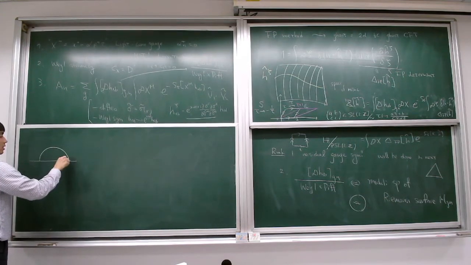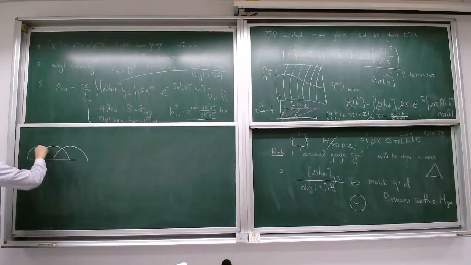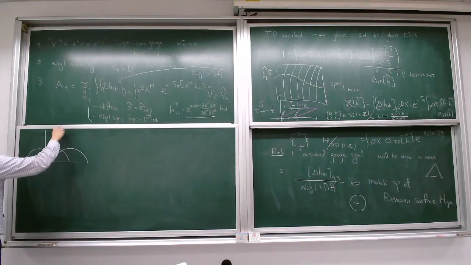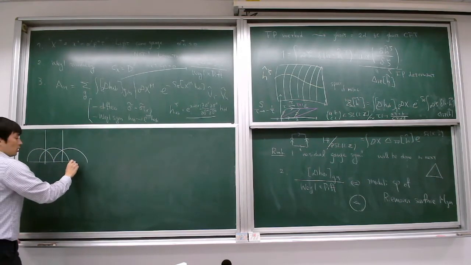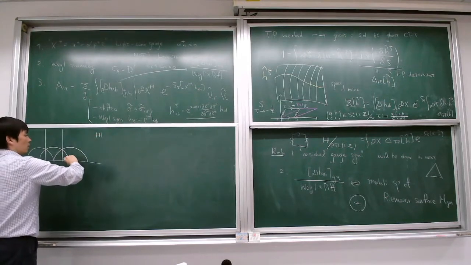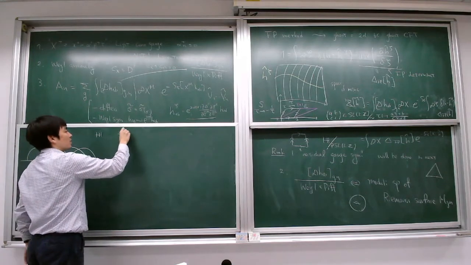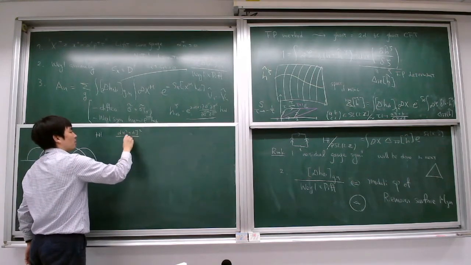In fact, this is the upper half plane, and these are, some of you may have taken a differential geometry course, geodesics of the upper half plane with metric (dx squared plus dy squared) divided by y squared.